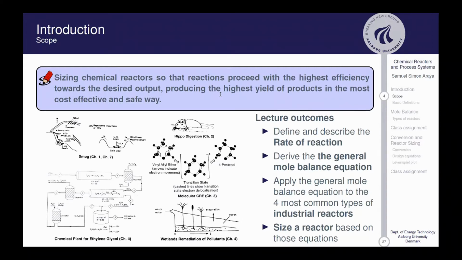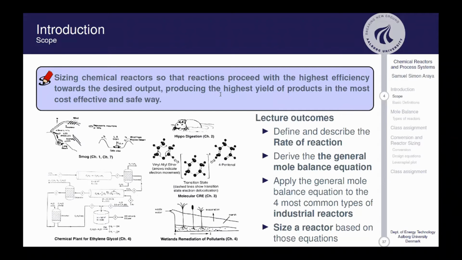And you would want to do that at the highest yield of product, so in a most cost-effective way. So the whole idea behind this is getting cheaper reactants and producing more expensive or more valuable products.